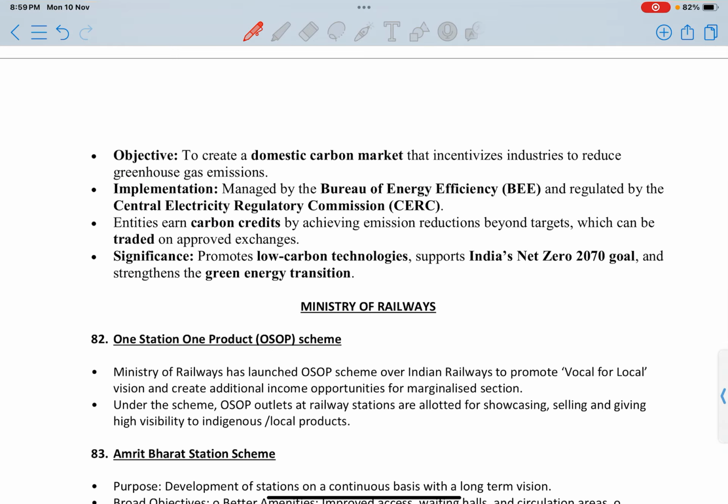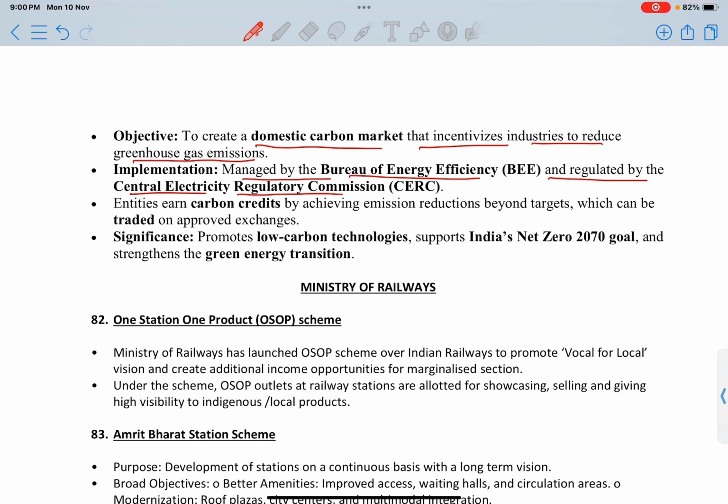What is the objective? To create a domestic carbon market that incentivizes industries to reduce greenhouse gas emissions. Implementation managed by the Bureau of Energy Efficiency and regulated by the Central Electricity Regulatory Commission. Entities, means those companies involved in this, will earn carbon credits by achieving emission reductions beyond targets, which can be traded on approved exchange.